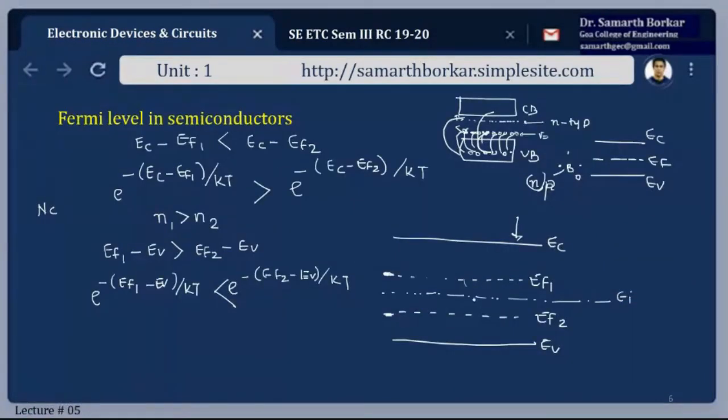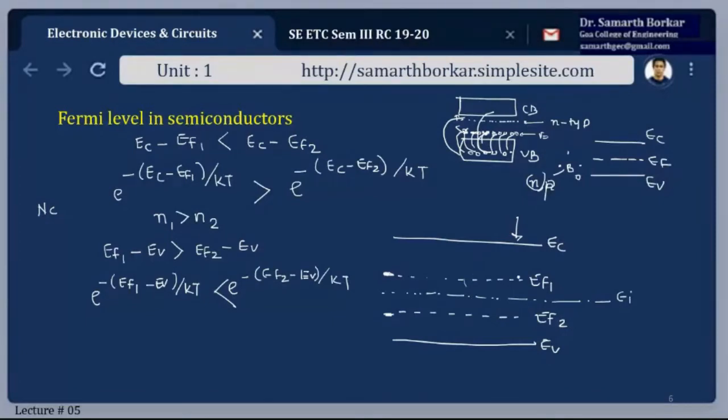Earlier we took EF to be here, now this EF is moving to a new location. Just to distinguish, we are using the notation EF1 and EF2. If EF is moving closer to EV, which means moving away from EC, the electron concentration would decrease and the hole concentration would increase.